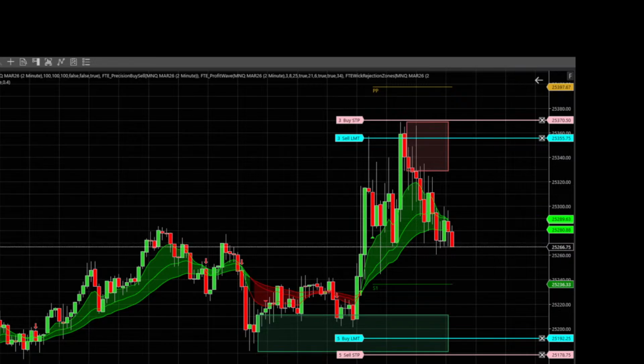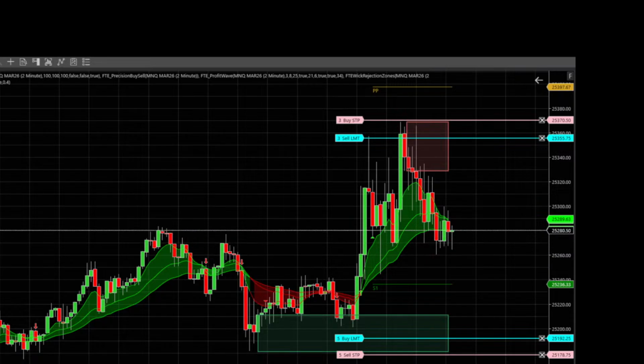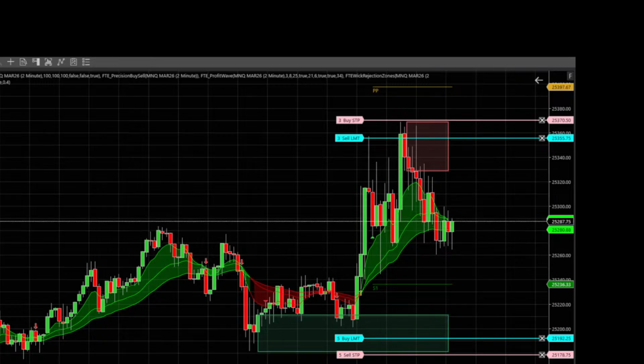I mean, just look at the run that they've had. While NQ been taking a beating, gold is just, man, setting new highs. I need to go back and put some imbalance zones in on gold and see what we might have over there.